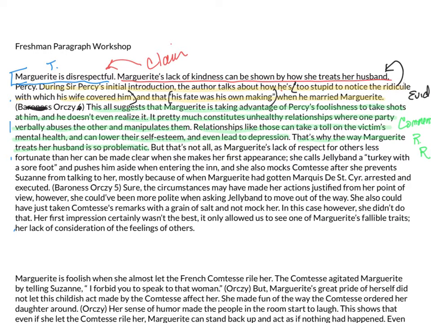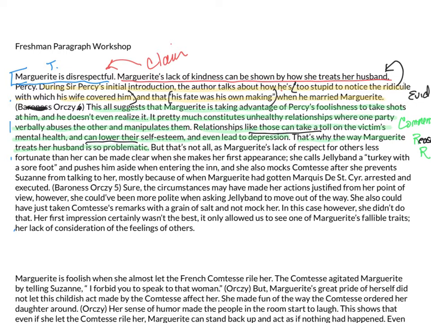If it's correct commentary, we're going to see a couple of things. We're going to see, first of all, a reasoning. First, I see they can take a toll. They can lower self-esteem. So we're talking about things that are coming in the future. So we're looking at a cause and effect or a prediction. So I can identify a form of reasoning.